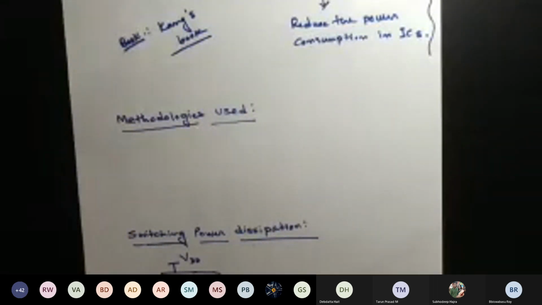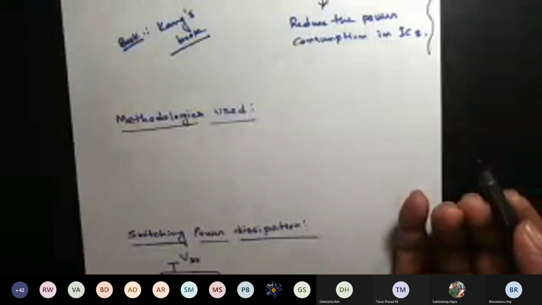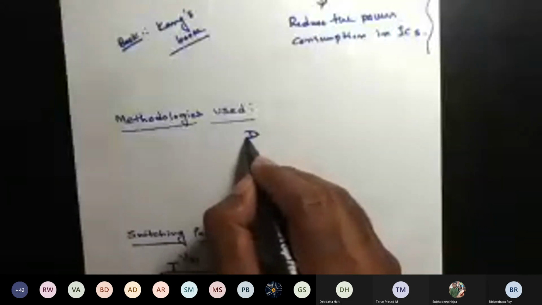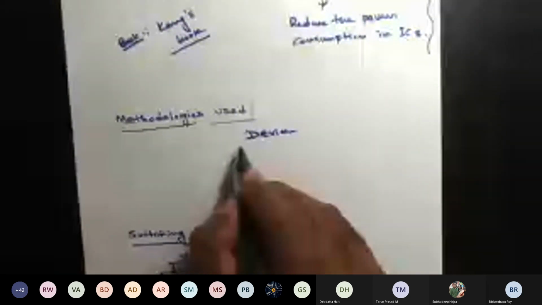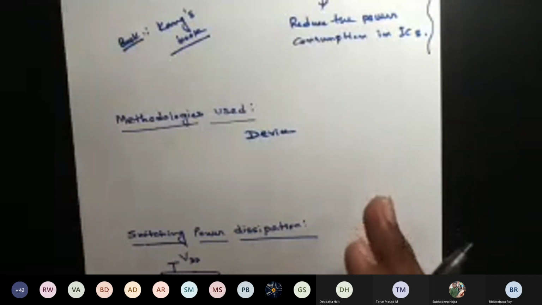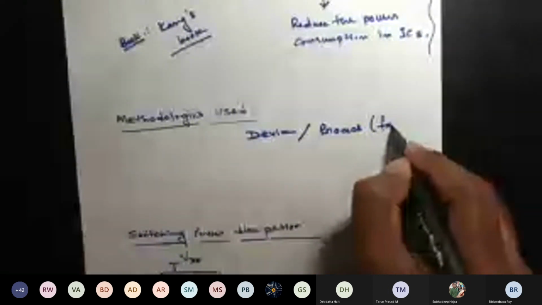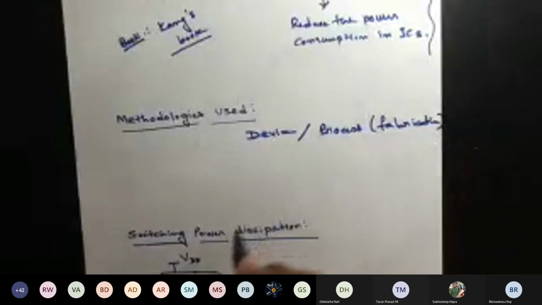Here, what are the methodologies that can be used? Different methodologies have been used, from the device perspective to the process perspective. Process means the fabrication perspective. Ultimately power will be dissipated in the device, so if you can make an efficient device, you can reduce the power loss. You can reduce it from the device or the fabrication point of view. So one is device or process, which means how you fabricate those devices.